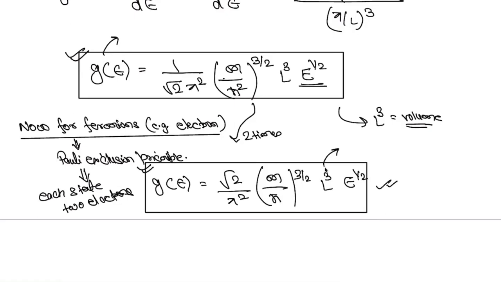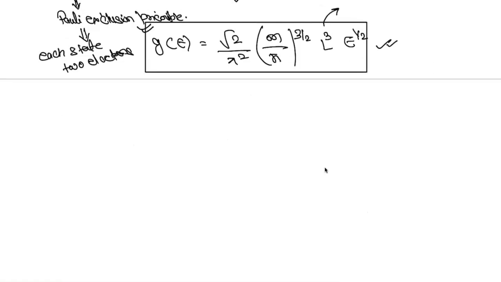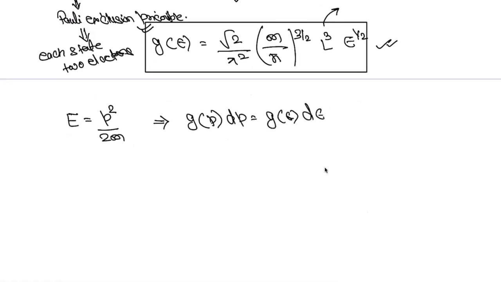Now one small thing, E is equal to P square by 2m. And we know that g(P) dP is g(E) dE.